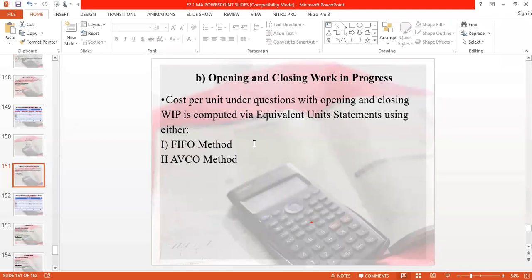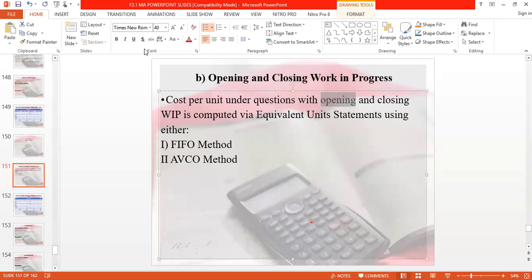Now, there are two methods that are normally used. There is FIFO, and this is just a principle. And there is the AVCO method. It's just a principle; they just named it that way. Always read exam questions carefully. If there is a question with opening work in progress, you must use either the FIFO method or the AVCO method.